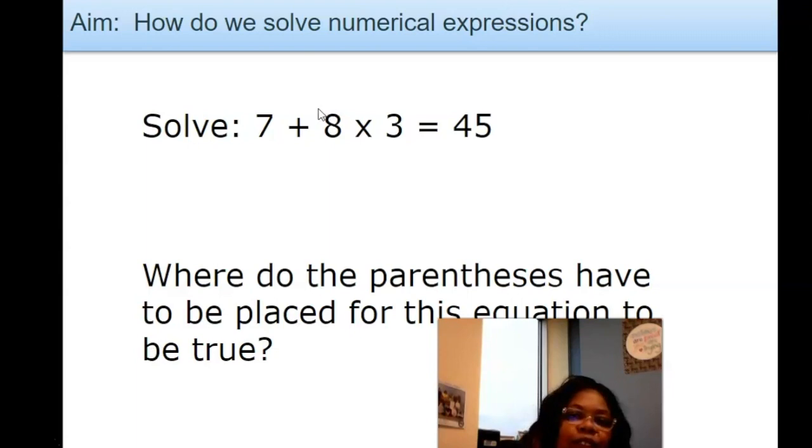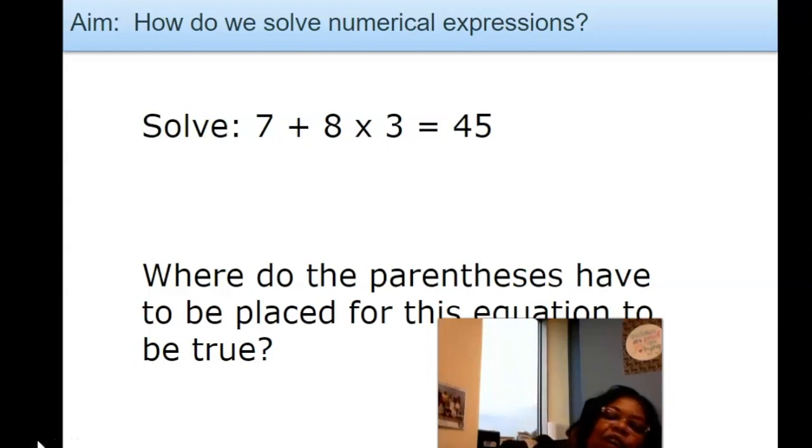So in order for 7 plus 8 times 3, where do the parentheses have to be placed to equal 45? I'm sorry. Where do the parentheses have to be placed in order for it to be true? So go ahead and pause the video and work it out and come back so we can talk about it.